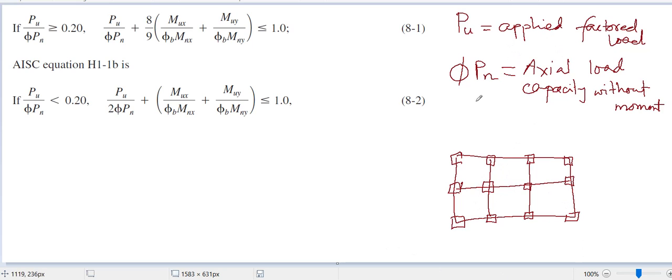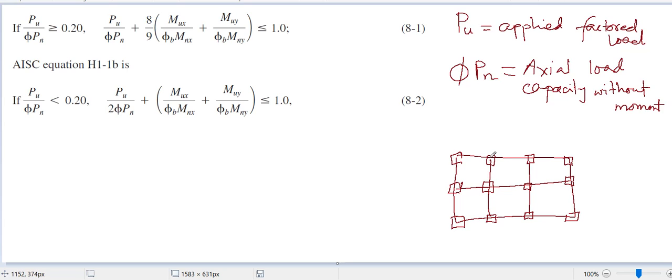Do not look at this one first, or you will be misguided. First see this one. For this column, if the load in this girder and in this girder are equal, there will be no bending this way. If there is load here and they are equal, there will be no moment this way.